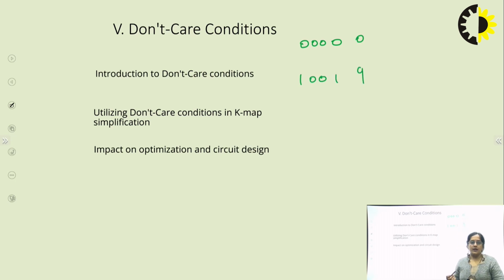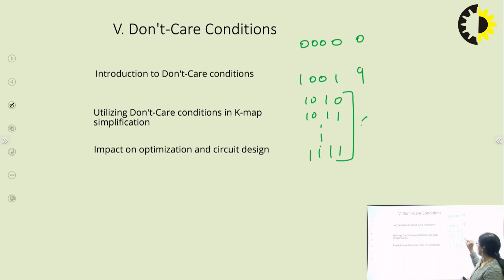But with 4 variables, we have a representation till 15. So with 4 variables, we have 16 combinations, but valid or important combinations are only 10. For these remaining 6 combinations, we consider our function as a don't care condition, that they are neither 0 nor 1.